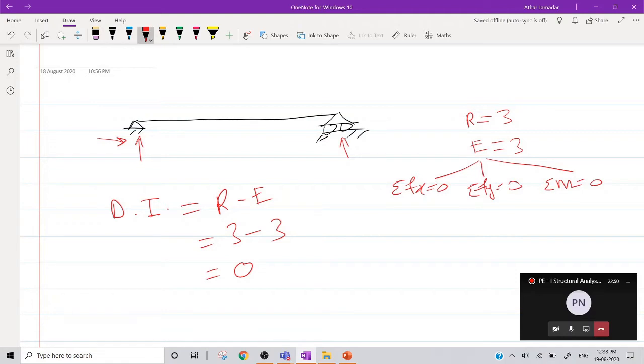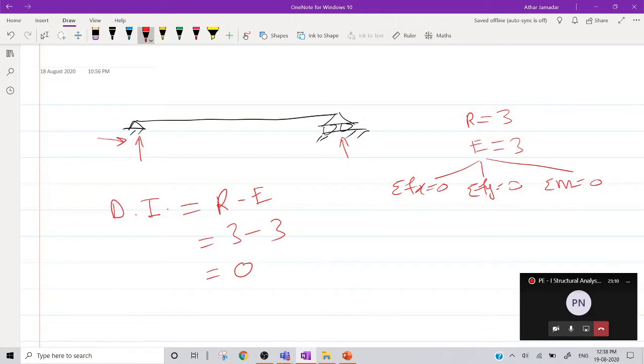Okay. So likewise for any structure, and I am only talking about beams and portal frames. These formulas for trusses are different. If we consider beams, portal frames or arches, and your degree of indeterminacy is equal to 0, then your structure is a determinate structure.